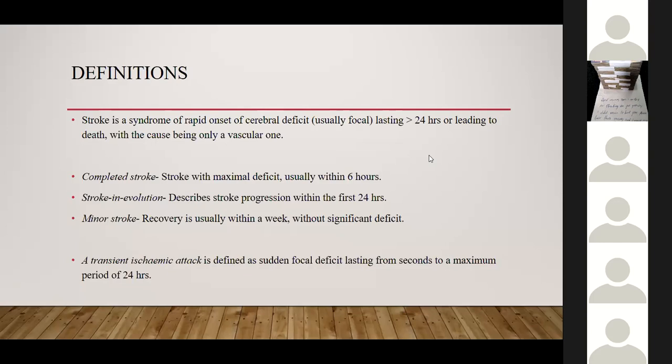So when people start developing this focal neurological deficit, it would usually go through phases. If you've seen a patient who has a stroke before, I'm talking about an acute stroke, if they rush the patient to you and the stroke is now setting in, you won't have a classic feature there for you to say that this patient has permanent weakness on the left side.